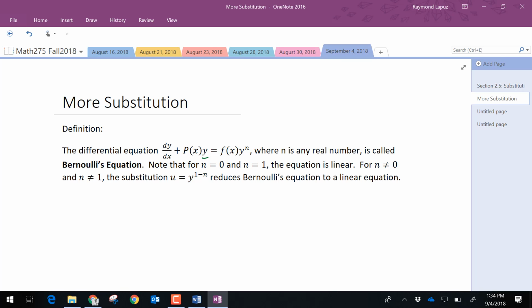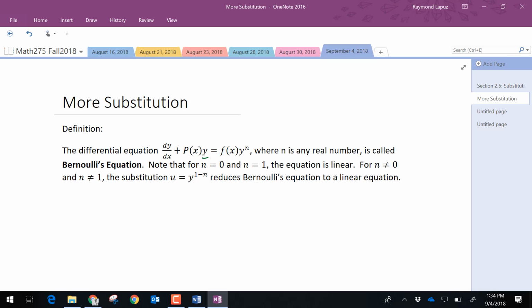So what we're going to be concerned with is when n is not equal to 0 or 1. So it could be numbers bigger than 1, or it could be numbers that are less than 0. And I suppose it could be fractions also, but that tends to be a little bit more difficult.